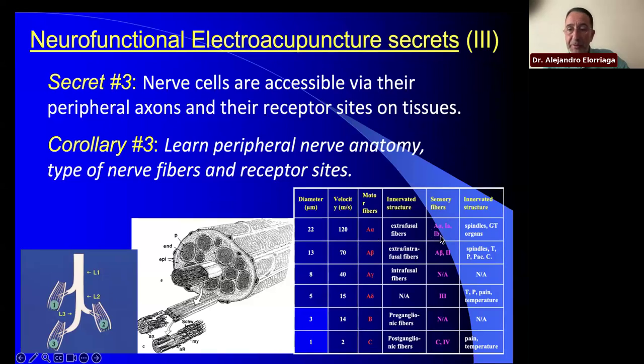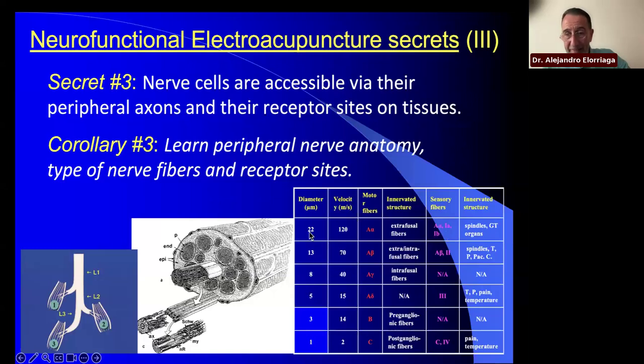But also in terms of sensory, the information from precisely the muscles that need to be contracted fast, also the brain needs information about tension, rate of shortening or lengthening, etc. And muscle spindles and Golgi tendon organs are also innervated by thick myelinated sensory fibers, which are called 1A, 1B, similar to this A alpha.